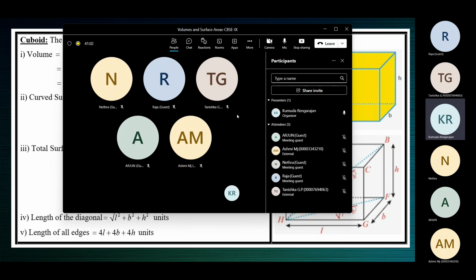Srijana, you did not attend the last physical class, right? Why? Srijana, no response. Raja, you're back in Trichy, is it? From Hyderabad?